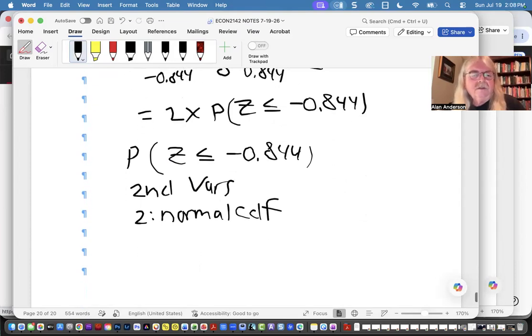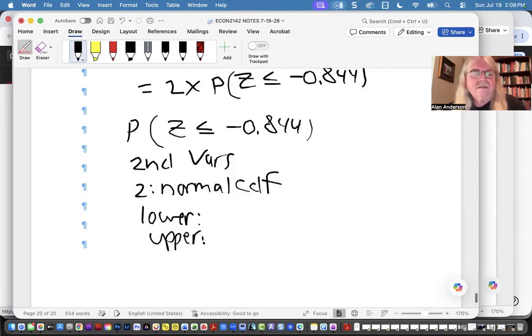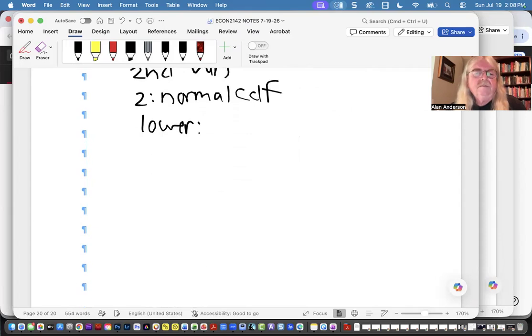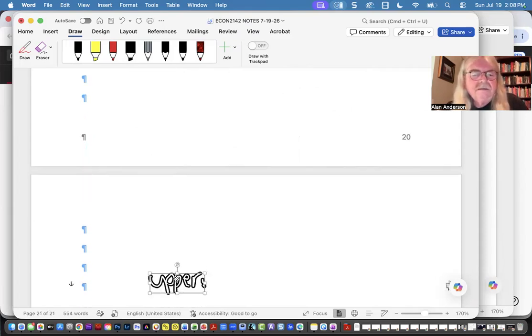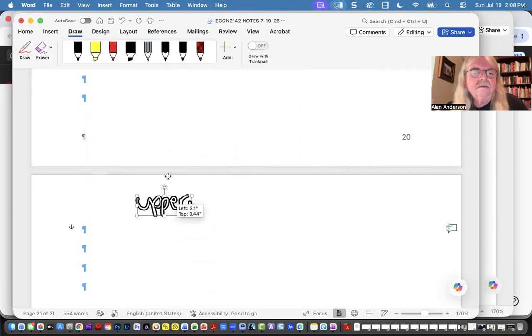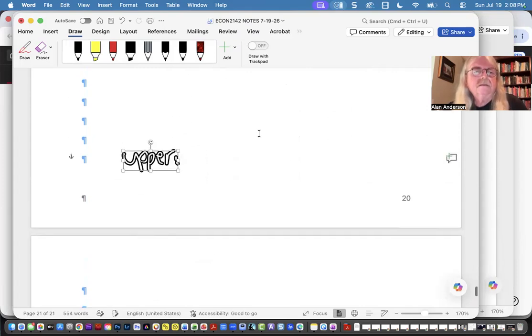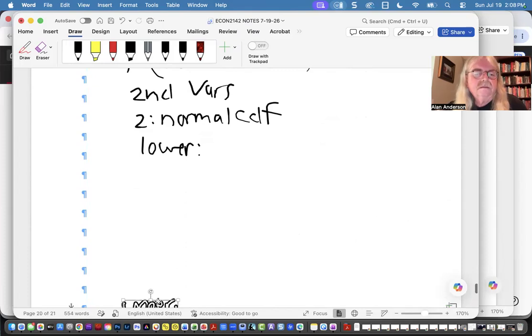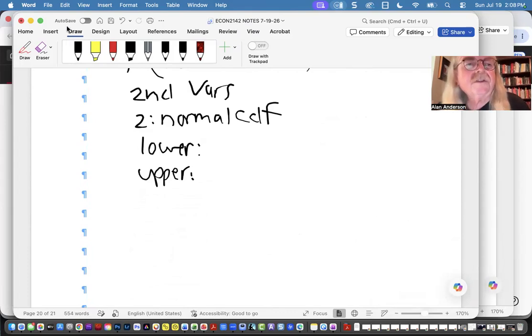All right, so we have lower, upper, mu and sigma as always. Now these are still 0 and 1 because this is the standard normal.